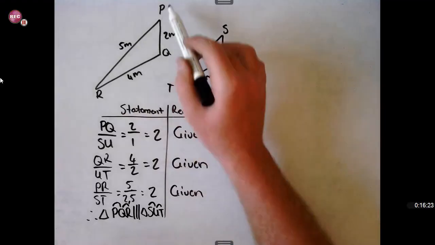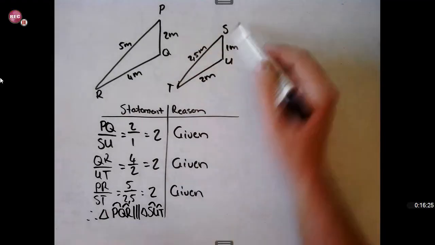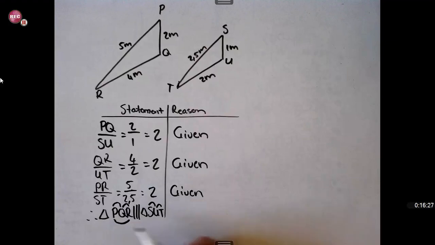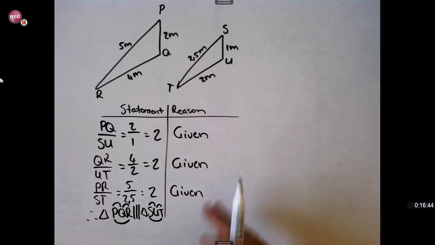Lastly, we need to check PR and ST, so PR and ST are corresponding sides. And if you are able to draw smiley faces with regards to your statement, then you know your statement is on point, meaning you have written it correctly. Remember that every single thing needs to be in the corresponding arrangement, if I can put it that way.